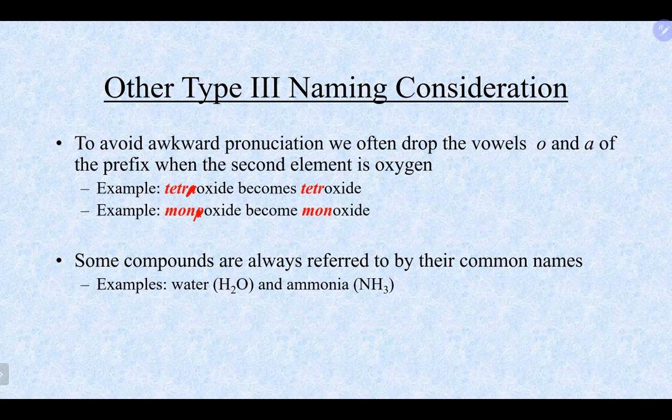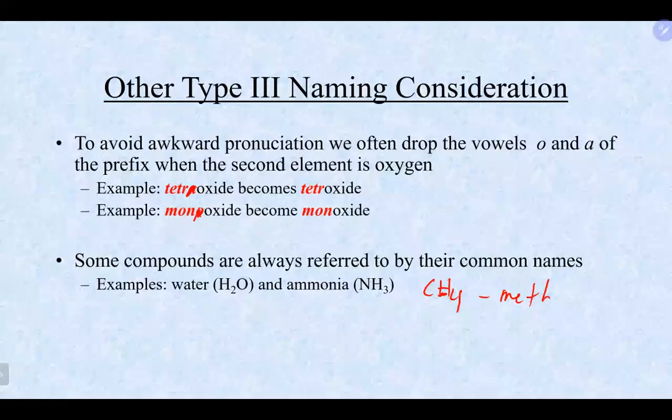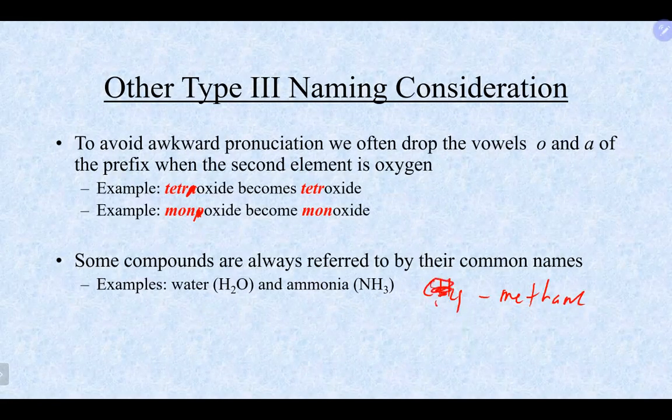And ammonia, which is NH3, has no charge and should not be confused with the polyatomic ion NH4 plus, which is ammonium. CH4, the simplest organic compound, is methane. So methane, water, and ammonia should always go by their names.